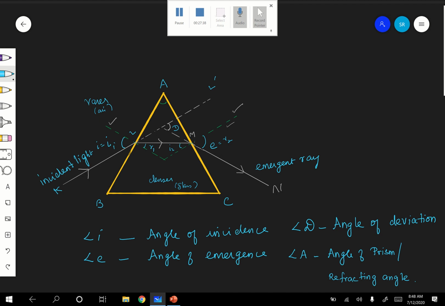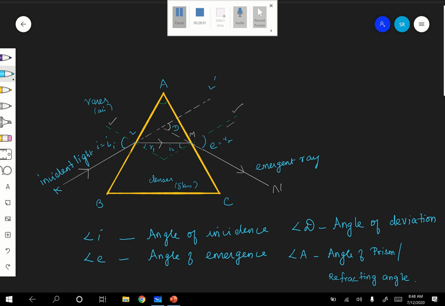But in the case of the glass slab, both the incident and the emergent rays are parallel, but here the incident ray and the emergent ray are inclined at an angle, that is D. That is what is called the angle of deviation. Is it clear? This is about refraction of light through a prism.